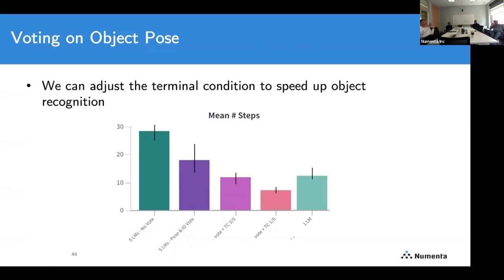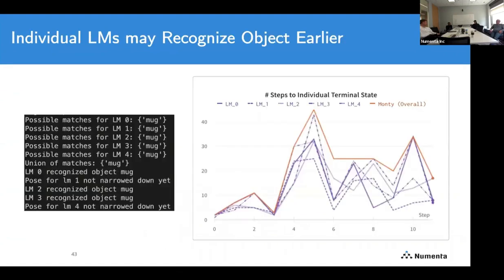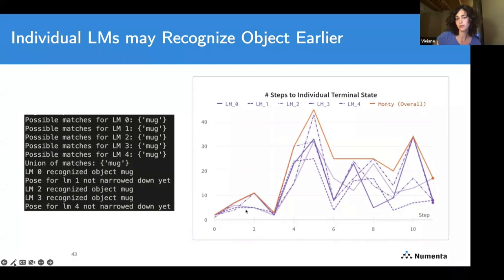If you have more learning modules, it always takes longer until everyone has come to a conclusion without the vote. I can see that, but it's not clear why. On average it would be the same, but there will be some spread. This is sort of like the max. Every purple line is when each individual learning module recognized the object, and it may be much earlier than some other learning modules because they get different sensory input.